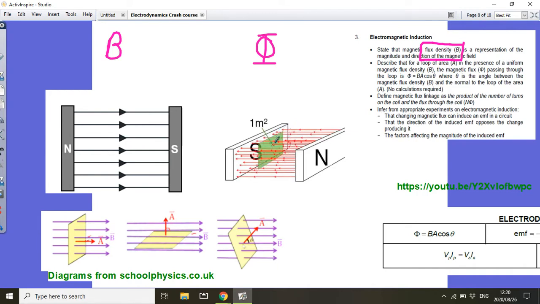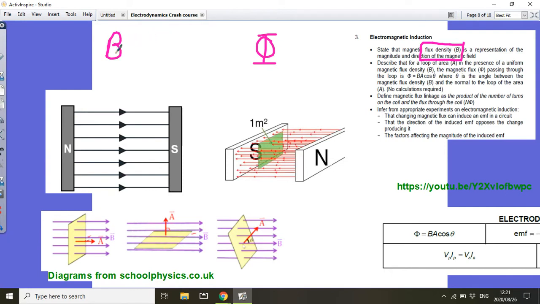Imagine this little green block moving in the area between the North and the South Pole. Because the lines are evenly spread in a uniform field, the number of lines passing through that green area would not change. So the magnetic flux density between these two poles does not change, because it is a uniform field.